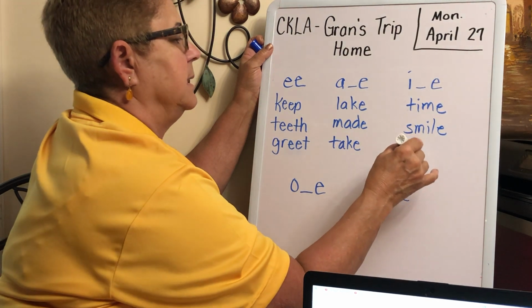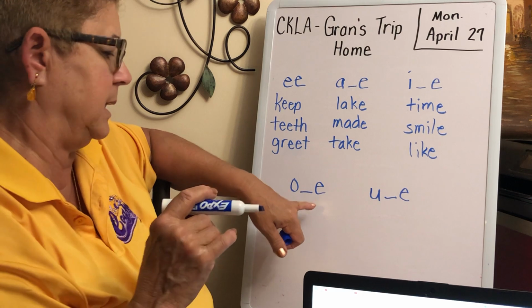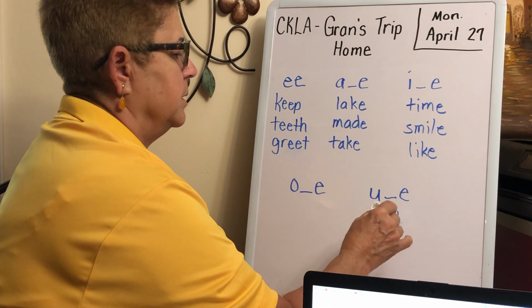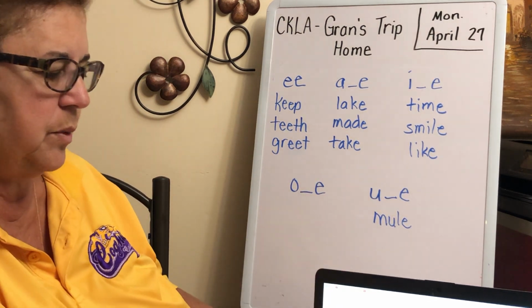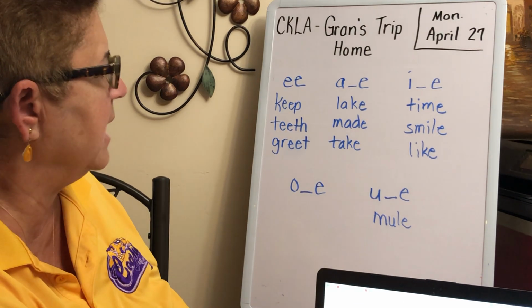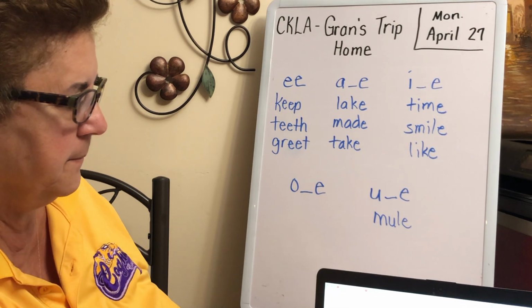And we did like. We did not have any for O blank E. And for U blank E, we only had new. So we're going to see if we could add one or two more. Well, we started in the story, and we decided that the A blank E had more words than any.